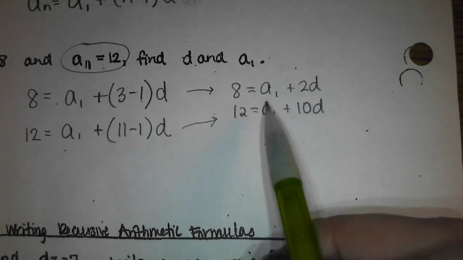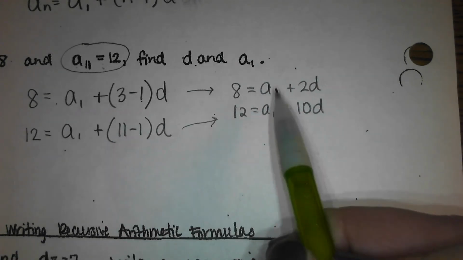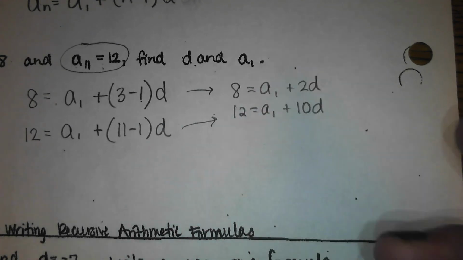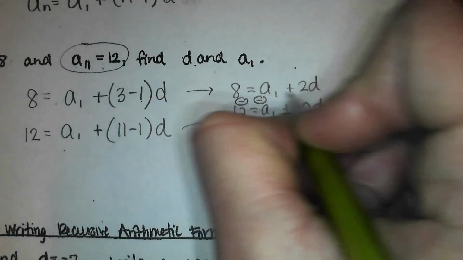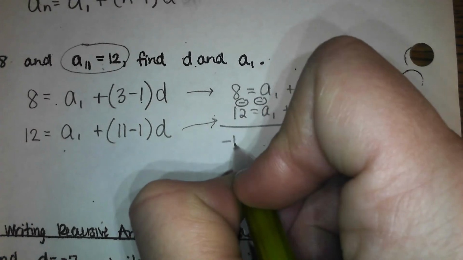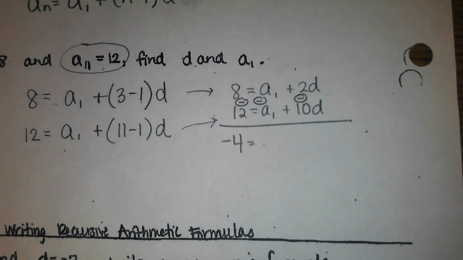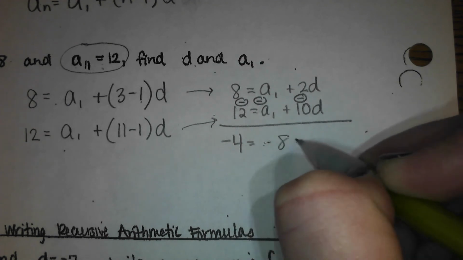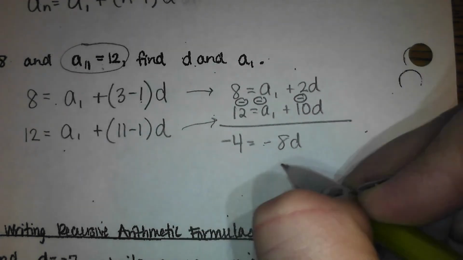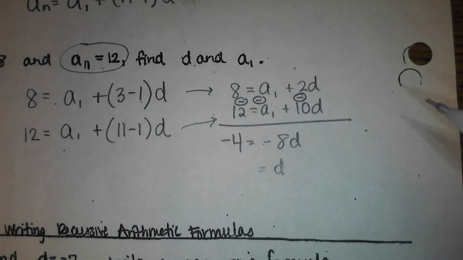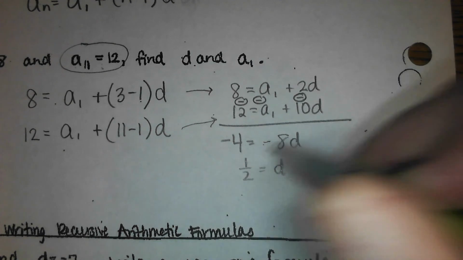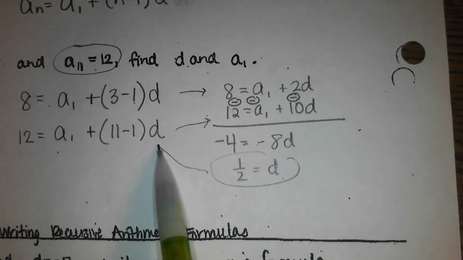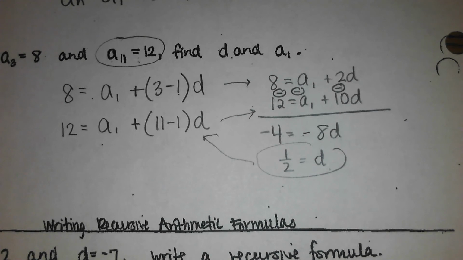I already have the same coefficient in front of a sub 1, so same sign, subtract. So 8 minus 12 is negative 4. The a sub 1s are gone. 2d minus 10d is negative 8d. And so what's d? 1/2. Once you know d, you can go back into either one of these and find a sub 1.